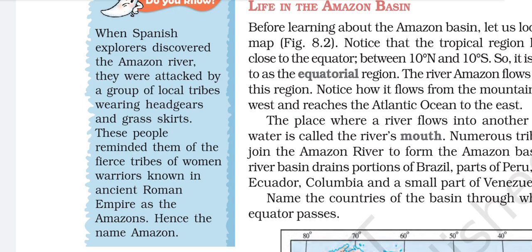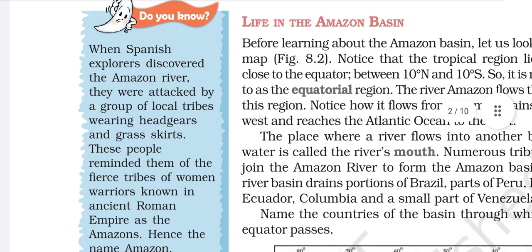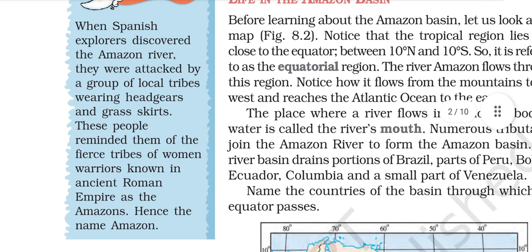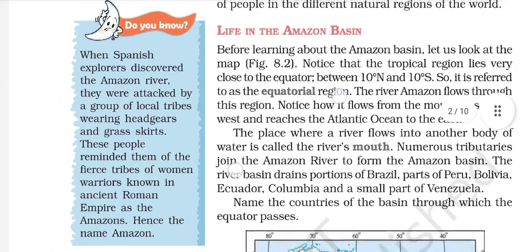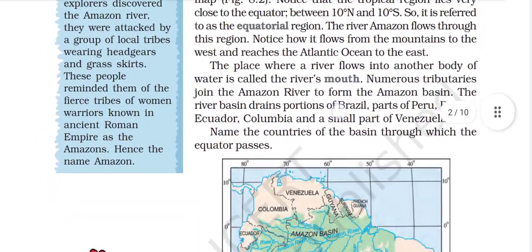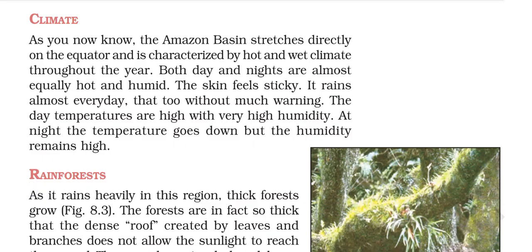That's why the Spanish people who were attacked near the Amazon River gave that river or the area the name Amazons, because the women were also called Amazons in their history. And in this way the Amazon River and Amazon forest got their name.